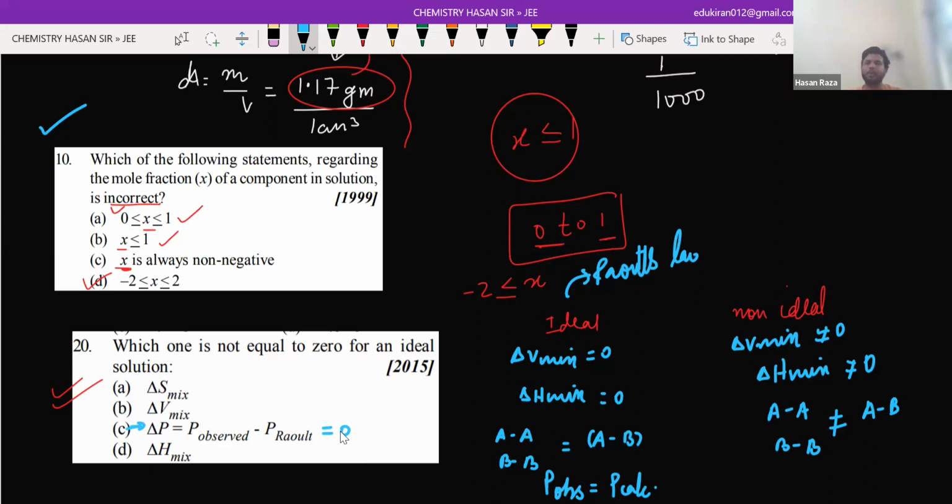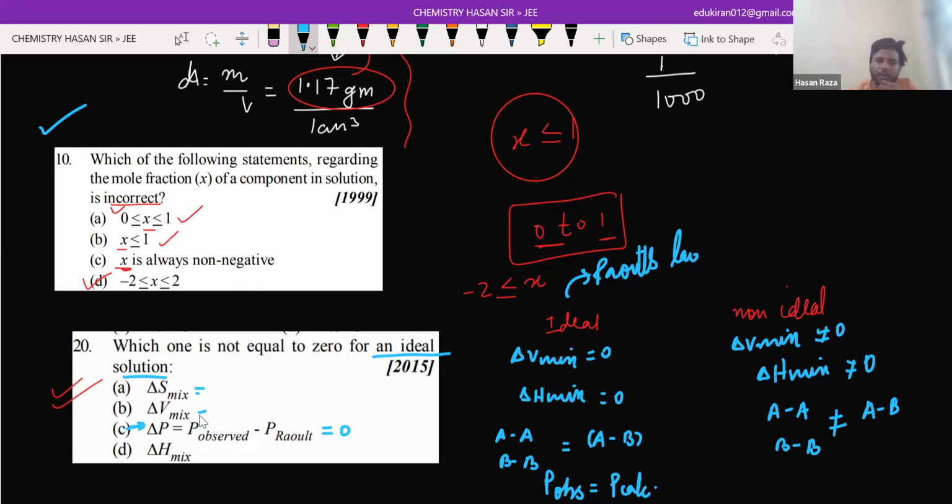Yes or no? Because it has been written here, it is for an ideal solution. In an ideal solution, the observed pressure is equal to the calculated pressure, and if you subtract them, since they are equal, the value will be 0. Yes or no? Arif, Shavez, everyone? Yes, sir. So this will be equal to 0.